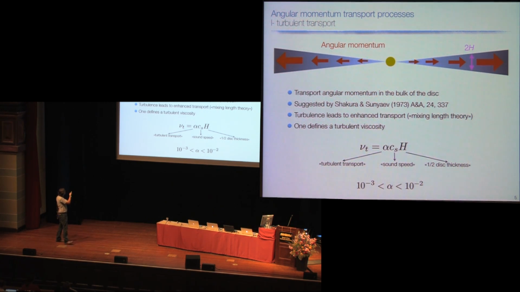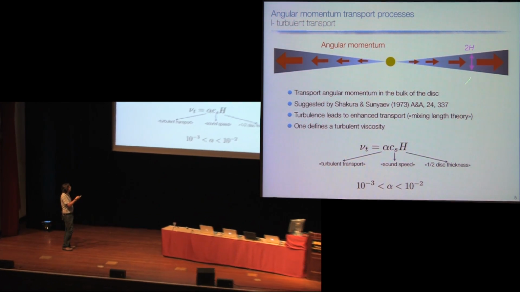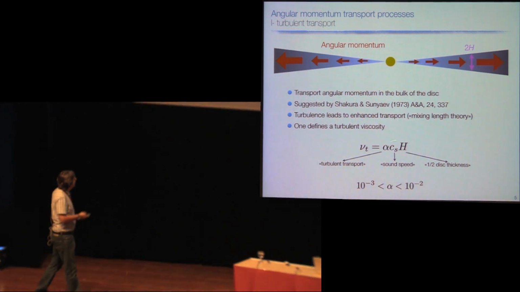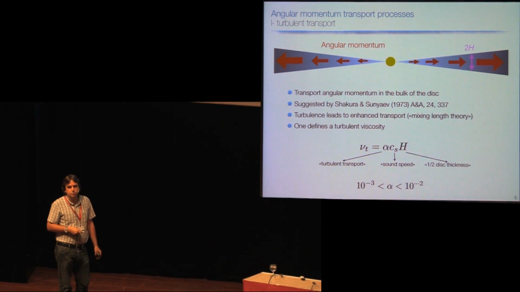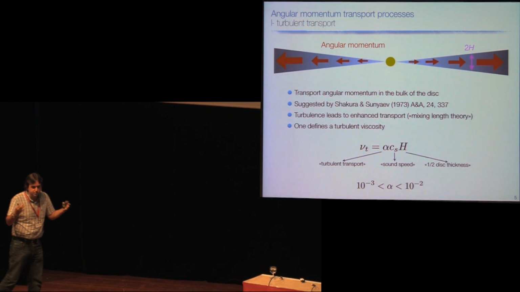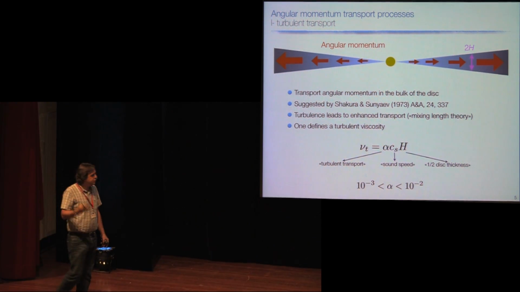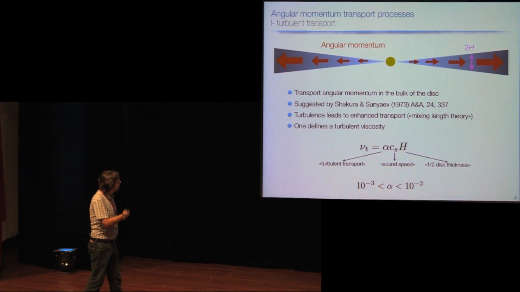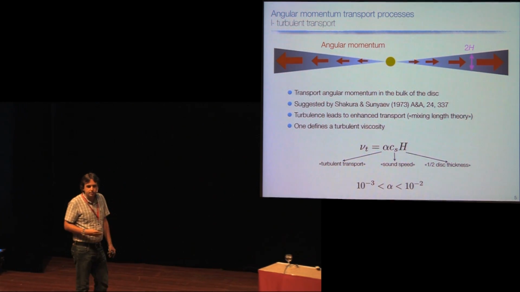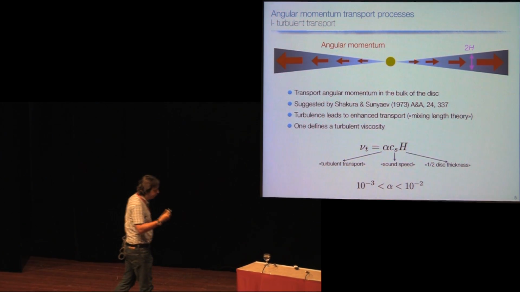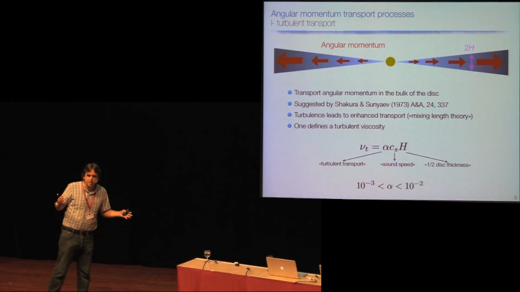So it stays inside the disk, and you define a turbulent transport, nu-t, which is proportional to the local sound speed times the disk thickness, which is H. And you have this dimensionless parameter alpha, which is the dimensionless measure of the turbulent transport, and typically, from observation, you expect alpha values between 10 to the minus 3 and 10 to the minus 2. So that's the first class of process, and that's the thing many people use.